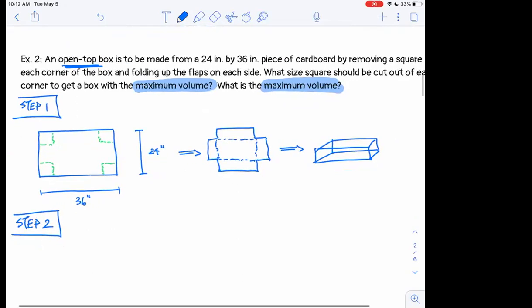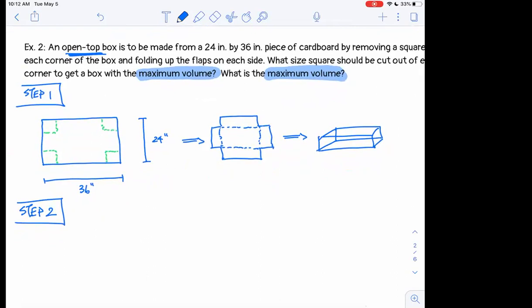Step 2, this is where we write our volume equation, okay? Or the equation of the thing that we're maximizing. So I know that the volume of a box is going to be length times width times height. Okay, so that's something to remember from geometry, that the volume of a box is length times width times height.